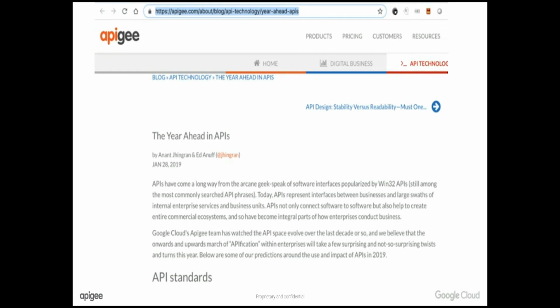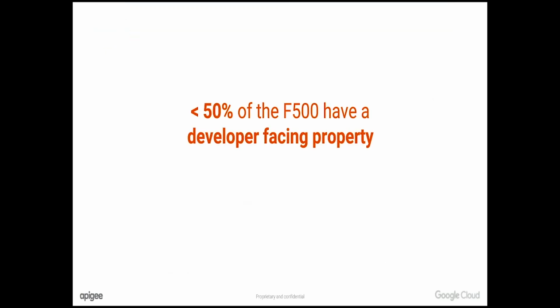So what we found in preparation for this API predictions blog article that Ed and I wrote was that less than 50% of Fortune 500 companies have a developer-facing property. So forget even about APIs, less than 50% of the Fortune 500 even consider the fact that developers on the outside can actually make a difference to them.